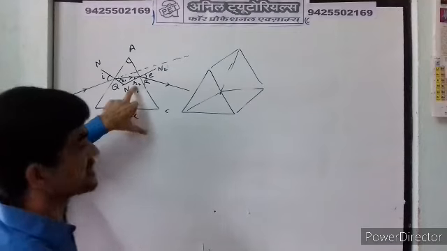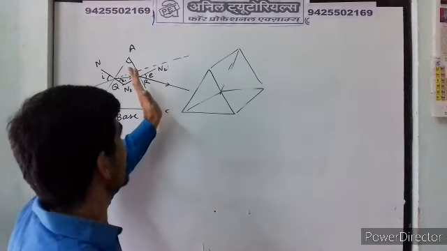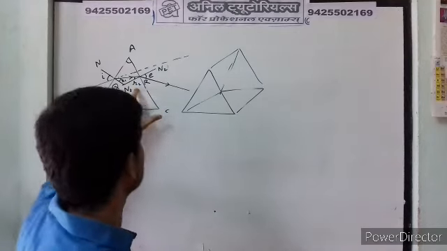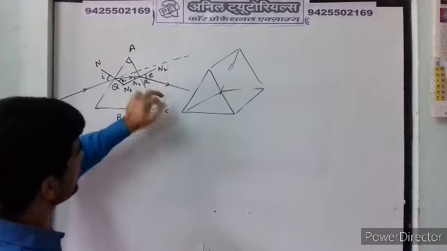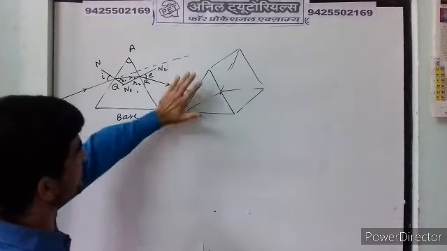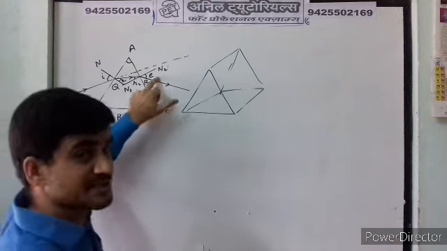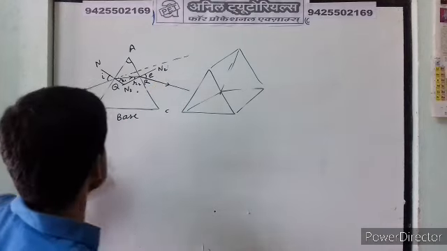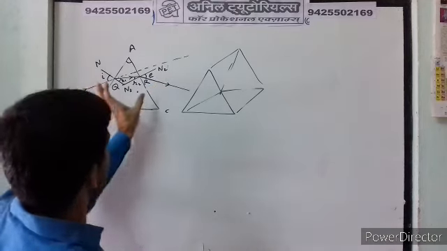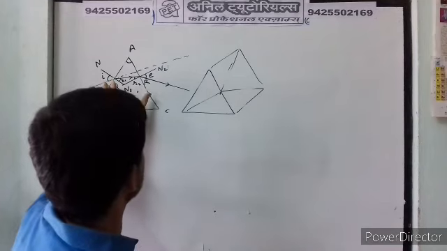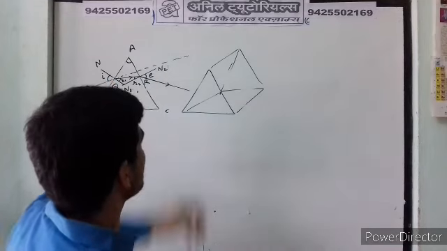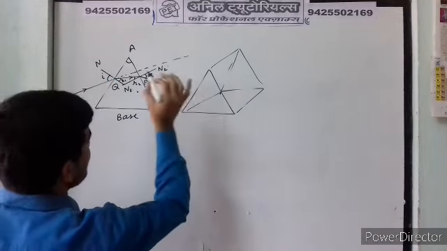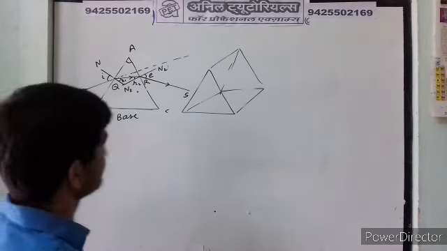Suppose r2 is the angle of incidence here. I am putting the name r2, okay, and this is the angle it makes with the normal at the outside. That is called the angle of emergence. So we will call PQ the incident ray, QR the refracted ray, and RS the emergent ray.